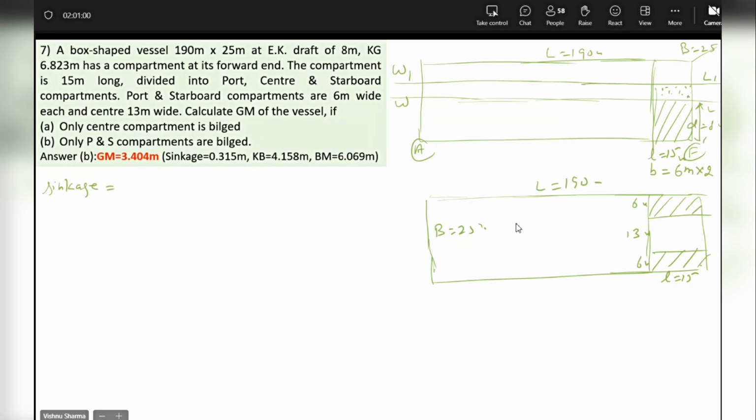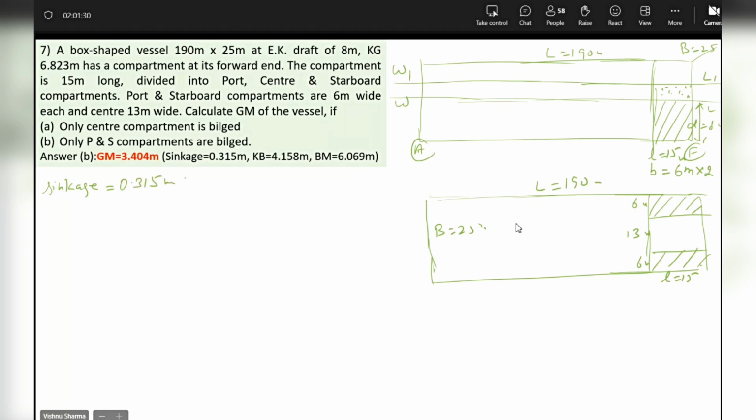Yes, sir, 0.315. Okay. Anybody in the class who is not able to get it, please don't feel hesitant, then I'll write the steps. If you're getting it, then I need not write. Answer is already there. Anybody who needs the sinkage expression to be written, or all are good? Okay, no request. That means sinkage is done.